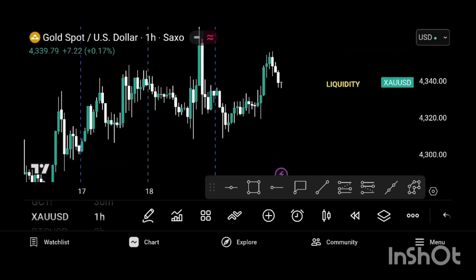All right. So when retail traders identify support levels and they want to take trades there, the smart money will move price beyond those levels where the retail traders are taking their entries in order to hit their stop losses and take them out of the market before the main move will happen.